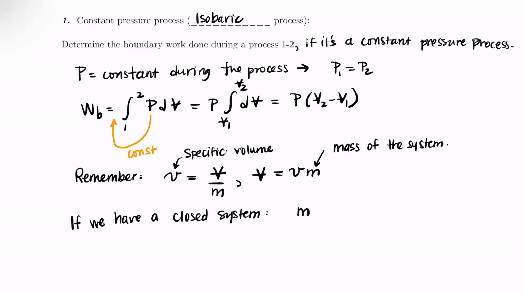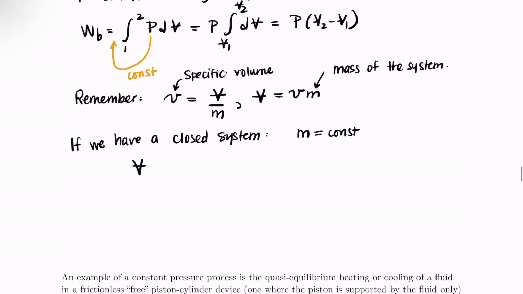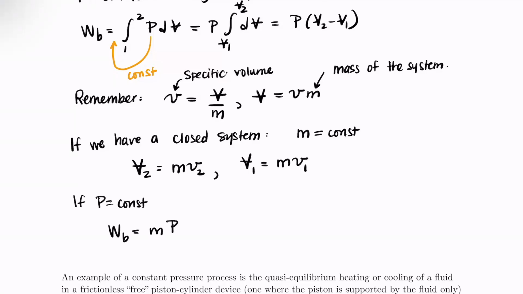It's not changing, right? Closed systems contain the mass in the system. Mass does not leave, so m is a constant. So V2 is equal to m times specific volume at 2, and V1 is equal to mass times specific volume at 1. That means that if P is a constant, so if we have an isobaric process, we can write our work as the mass times the pressure times the change of specific volume of the system.